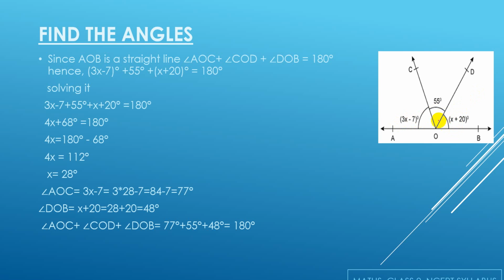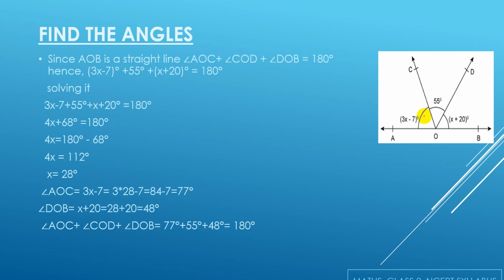According to the linear pair, since AOB is a straight line, if I add up all these three angles, it will be equal to 180 degrees. So 3x minus 7 plus 55 plus x plus 20 is equal to 180 degrees. Solving it, we get 4x plus 68 is equal to 180 degrees, which gives x equal to 28.